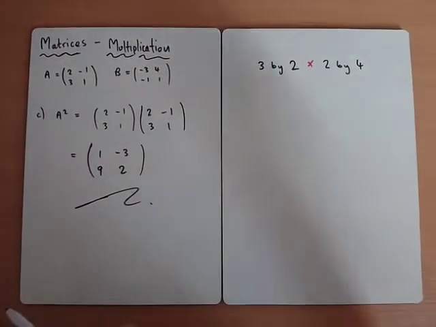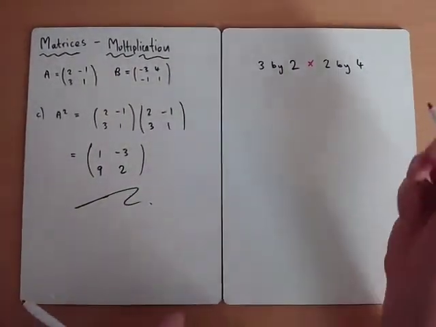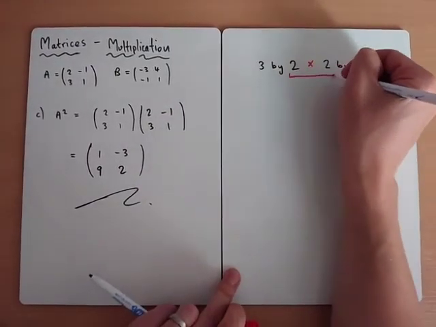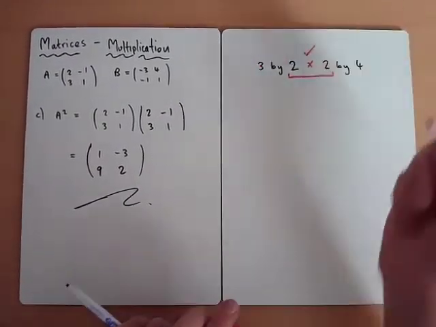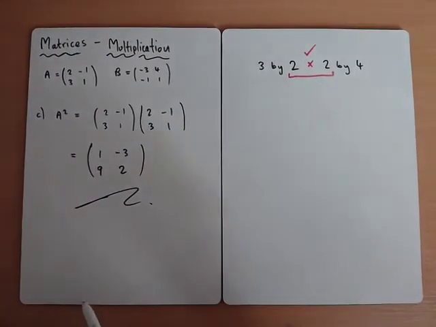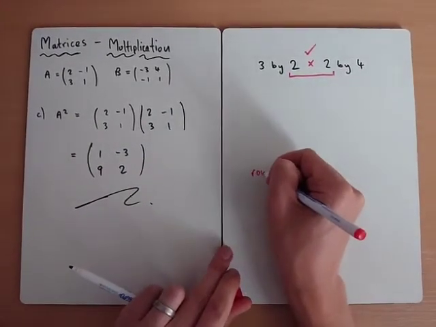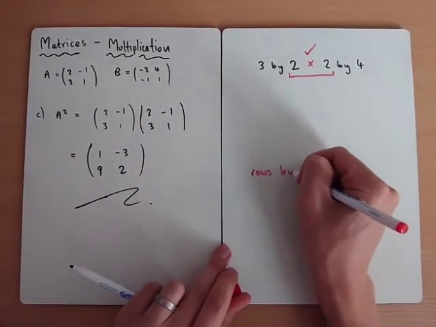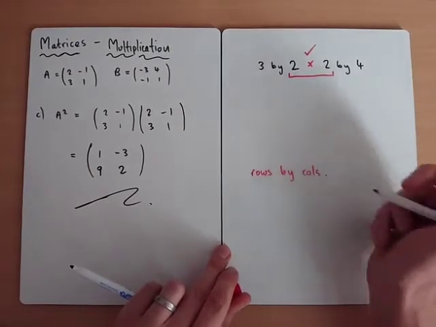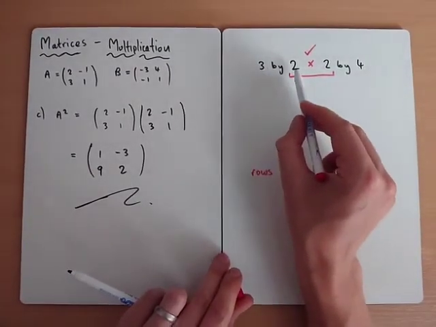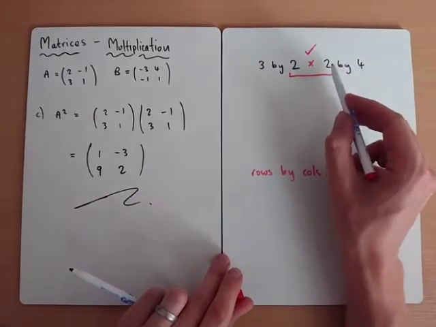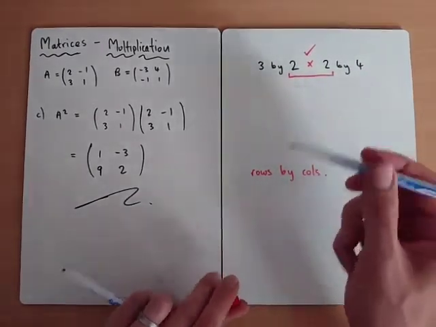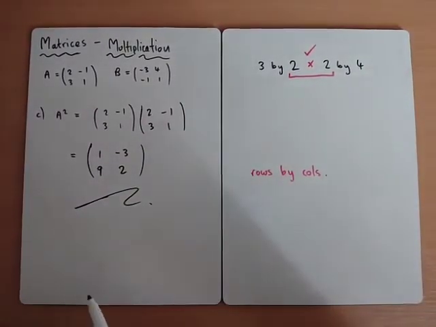Most of the time in the exam you only multiply 2 by 2s or 3 by 3s, but the way to check is if they match up in the middle. Remember as well, for the description it's rows by columns. So if this matrix had 3 rows and 2 columns, and the next matrix had 2 rows and 4 columns, you would be able to multiply them together, it would work.